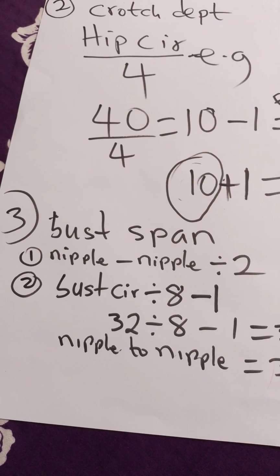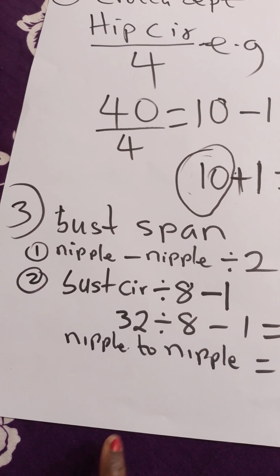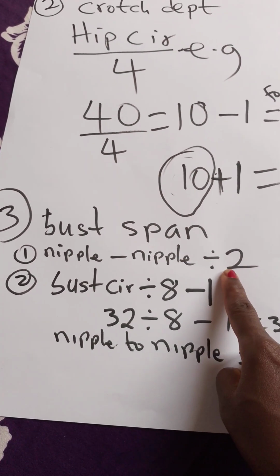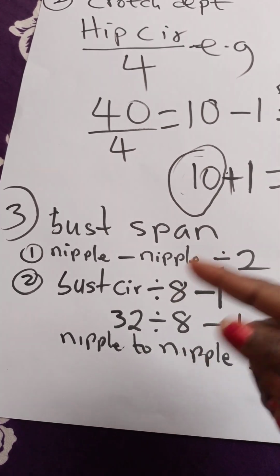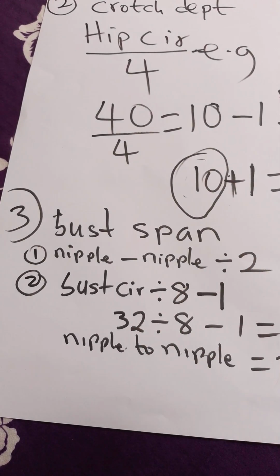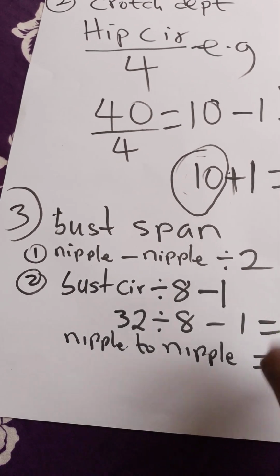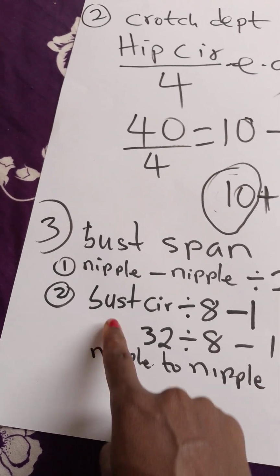To get the bust span, there are 2 methods of doing that. It's either you measure on the client nipple to nipple and divide it by 2, or most times you might not really feel comfortable taking nipple to nipple on your client. So this is another formula for it.